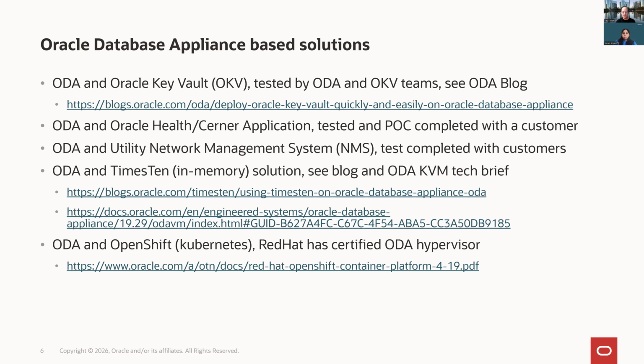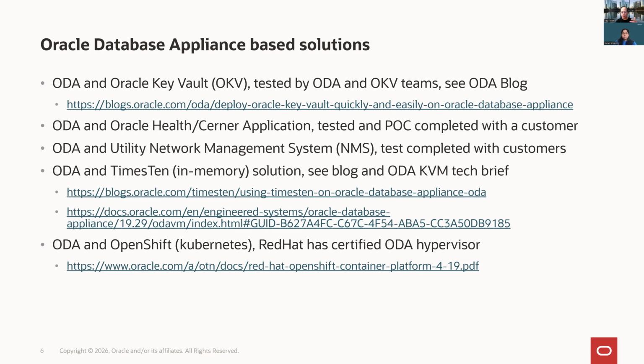As well as we've done some joint testing with some of the solution teams, right? The first one I want to mention is the Oracle Health Cerner application. So that's been tested, and we have completed the POC with the customer. And then we also did joint testing with the utility network management system team, and that's completed with multiple customers.